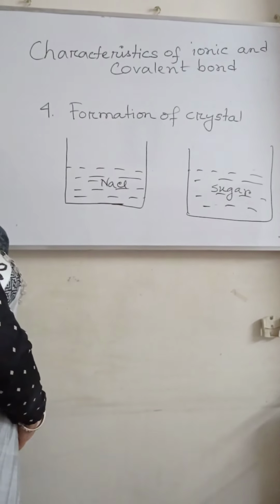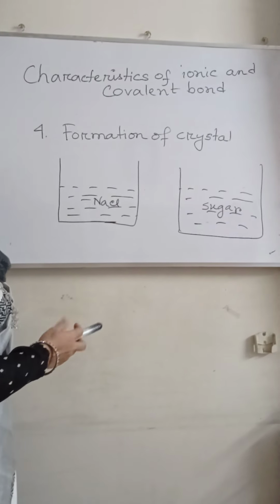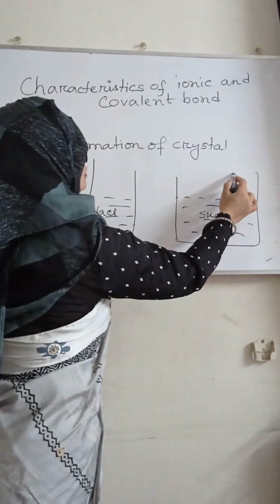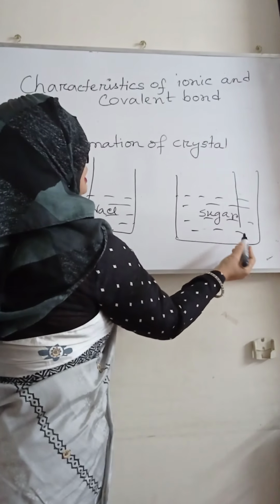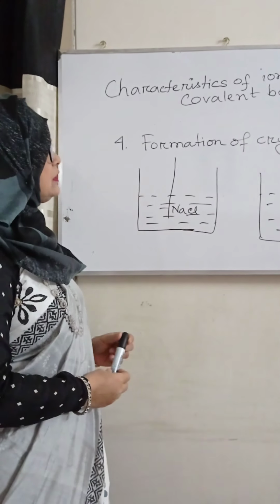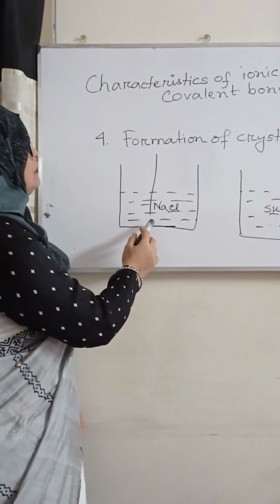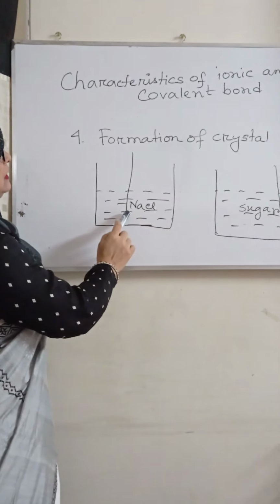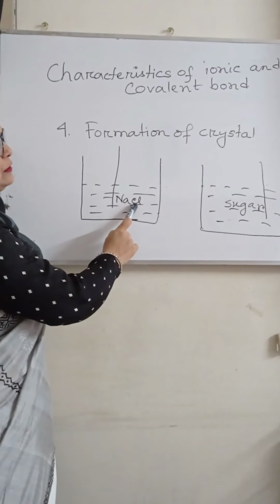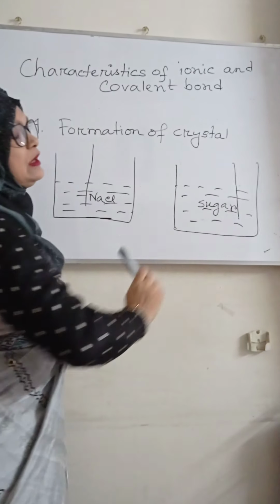Now I will keep these two beakers for some days with a cotton liner along each of the beakers, and after some days we will observe that this cotton liner has some crystals of sodium chloride, and this cotton liner has some crystals of sugar.